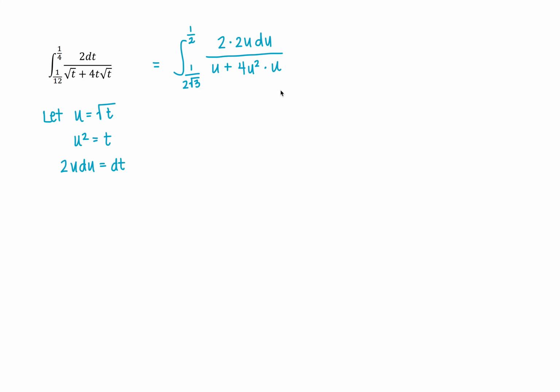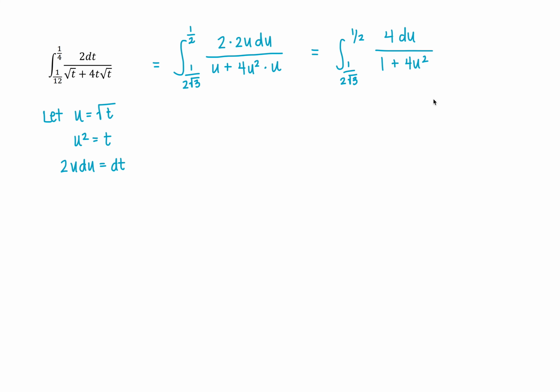I can go ahead and factor those out. So I'm left with, let me go ahead and get my 1/2, my 1 over 2 times the square root of 3 written. I'm left with 4 du over 1 plus 4u squared.